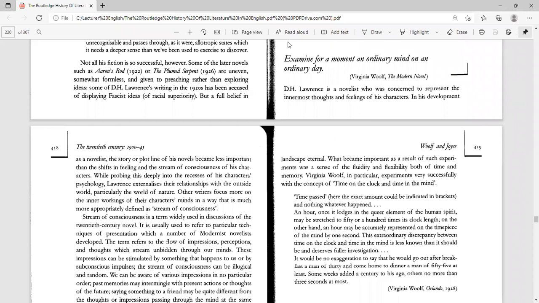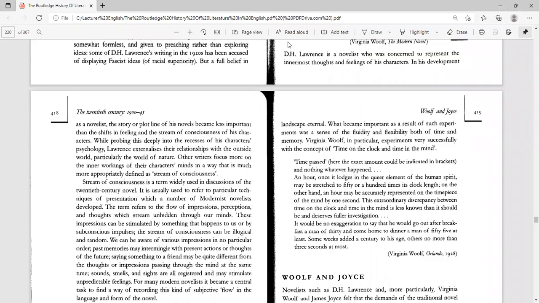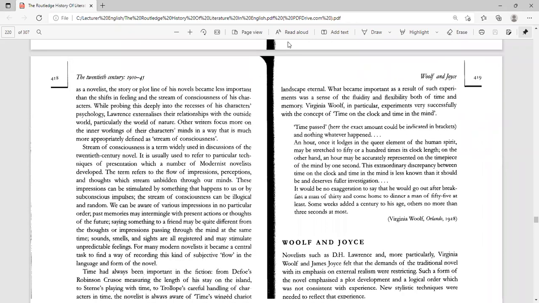D.H. Lawrence is a novelist who was concerned to represent the innermost thought and feeling of his characters. In his development as a novelist, the plot line of his novels became less important than the shifts in feeling and stream of consciousness of his characters.